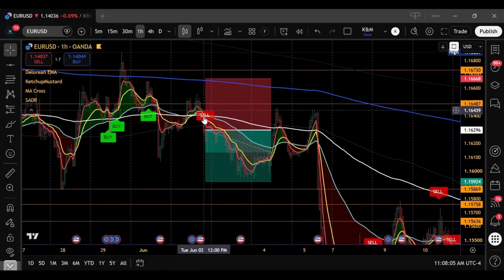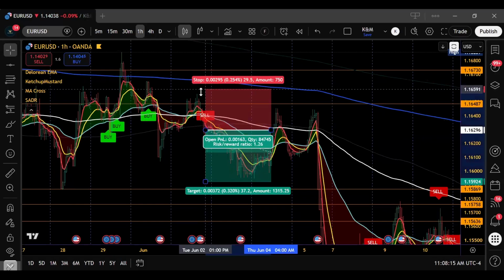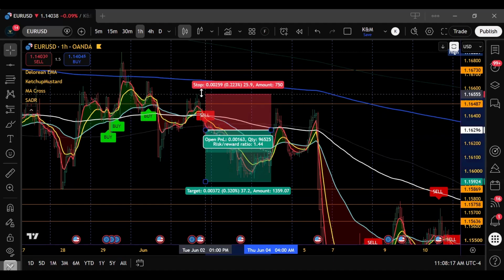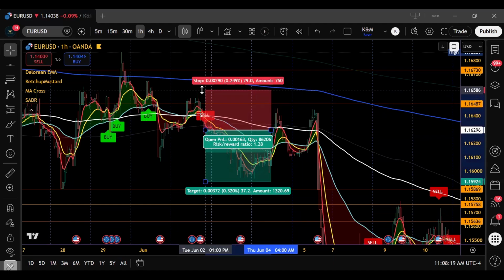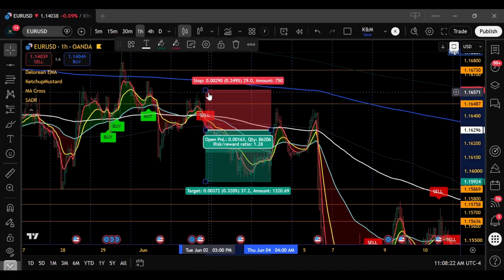Now, when I took this sale, realistically, this is the M right here. This is the M that made the ketchup and mustard cross, and then it gave off a sale. So as long as it was 5 to 10 pips above that M, that would have been my actual stop loss. That's 29 pips.